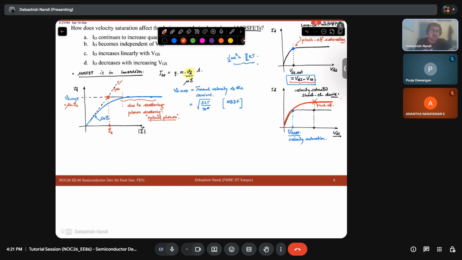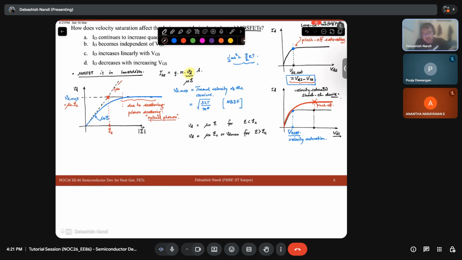So how can we model this blue line? I have VD equal to mu 0 electric field for E less than EC, and VD equal to mu 0 EC, or VD max, for E greater than EC.